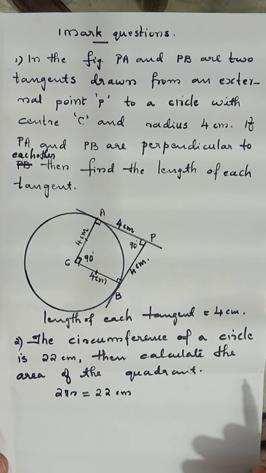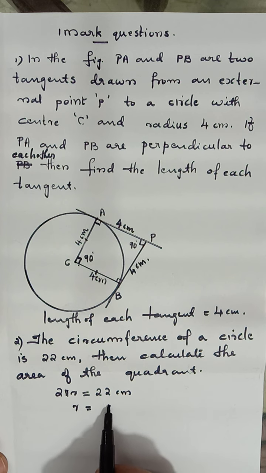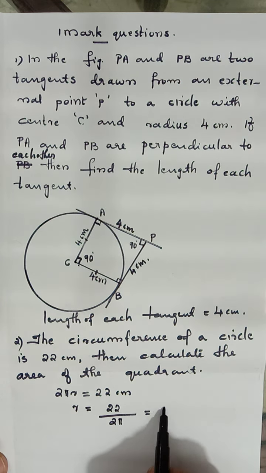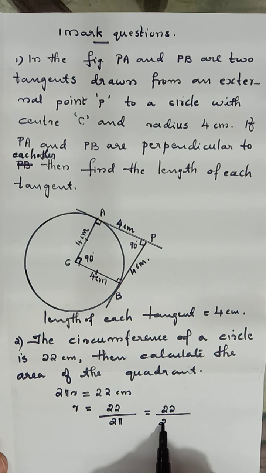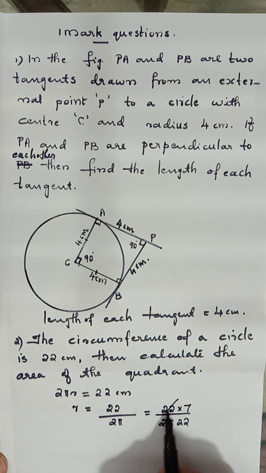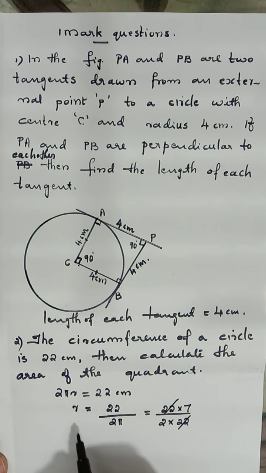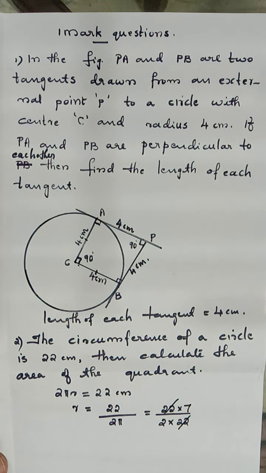Therefore we need r. r is equal to 22 by 2 pi. That is 22 by 2 into pi value 22 by 7. So we get the radius equal to 7 by 2.